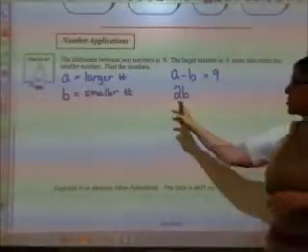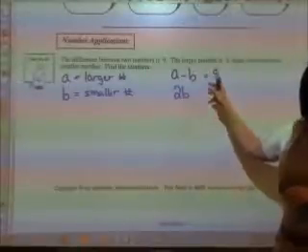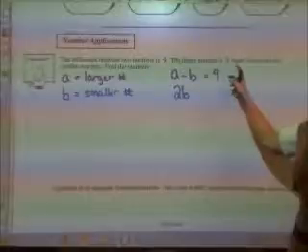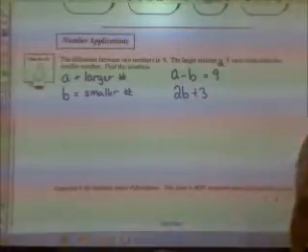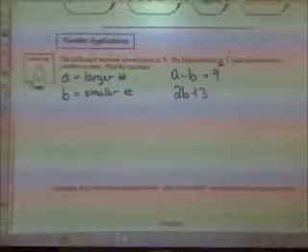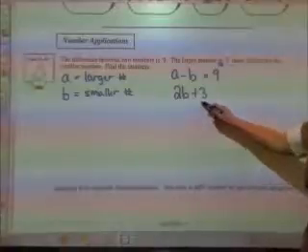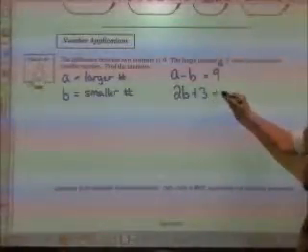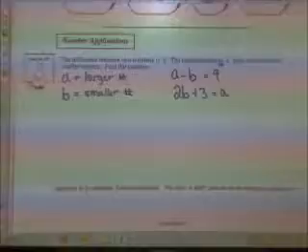So after I take twice this smaller number, what do I have to do then? 3 more would be to add 3. And when we see "is" in problem solving, that's a good indication of equals. So twice the smaller number and 3 more than that is the larger number. There are my 2 equations.